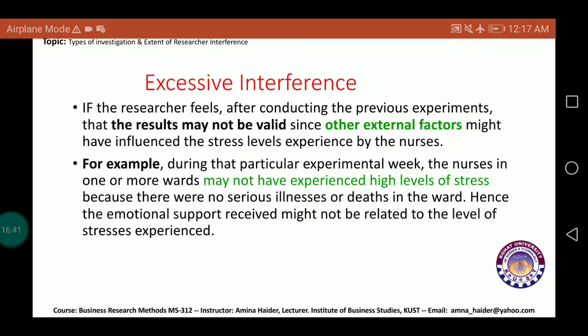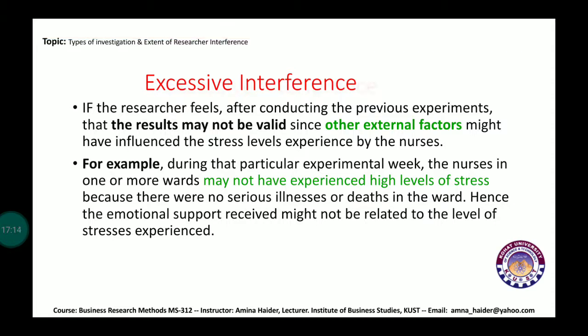If the researcher feels after conducting the previous experiment that the result may not be valid since other external factors might have influenced the stress level experienced by the nurses. For example, during that particular experimental week, the nurses in one or more wards may not have experienced high level of stress because there were no serious illness or death in the ward. Hence, the emotional support received might not be related to the level of stress experienced.